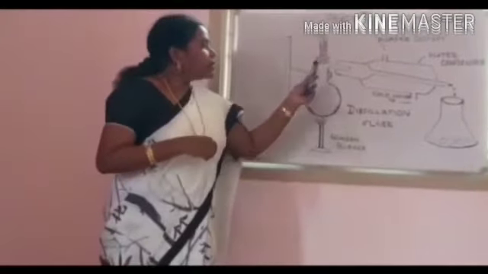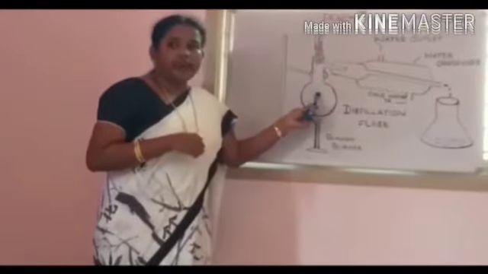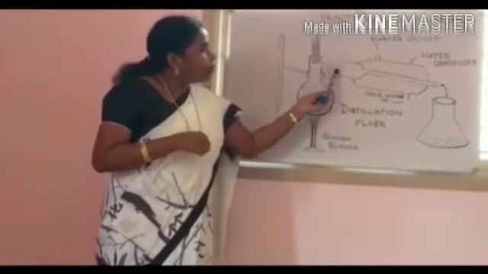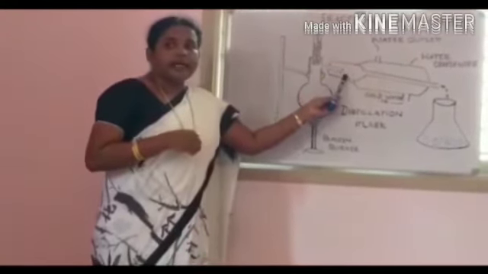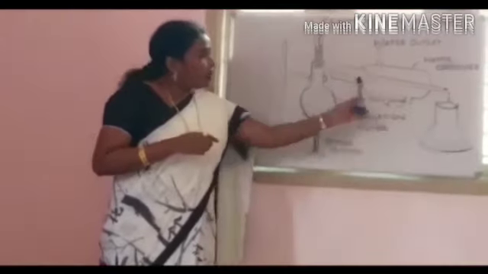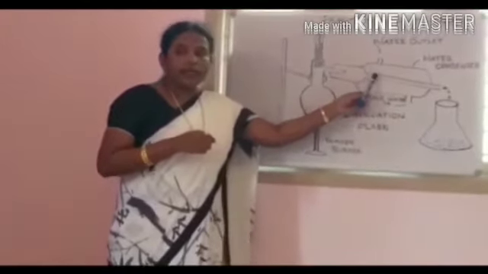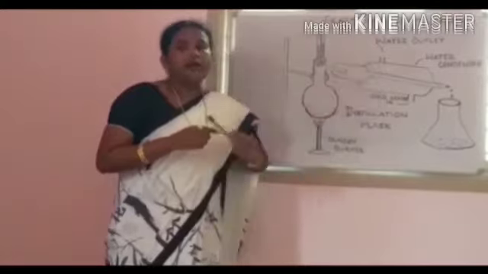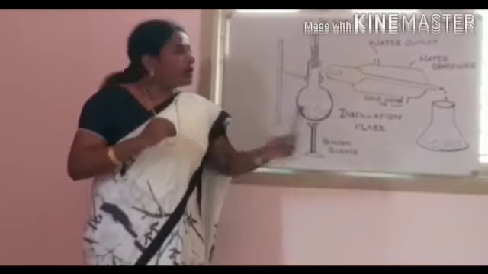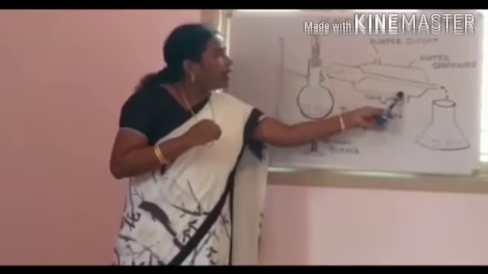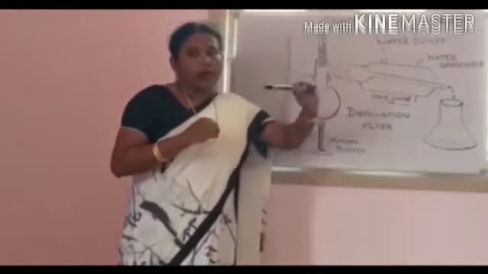The fractionating column is fitted into the distillation flask and its side tube is connected to the Liebig condenser. This condenser consists of a pipe surrounded by a water jacket with a continuous flow of cold water. Water enters into the bottom and exits at the top.